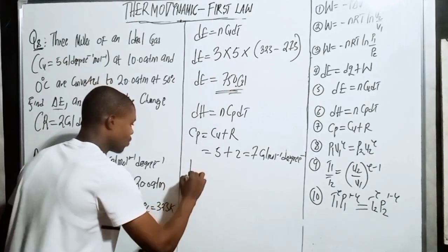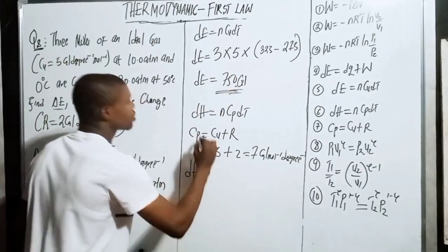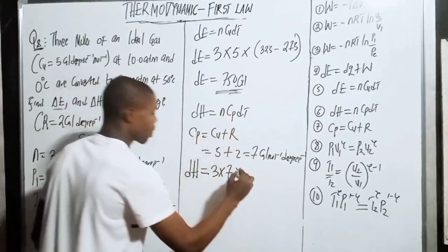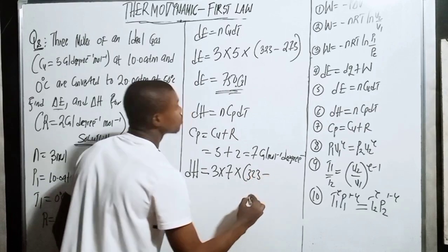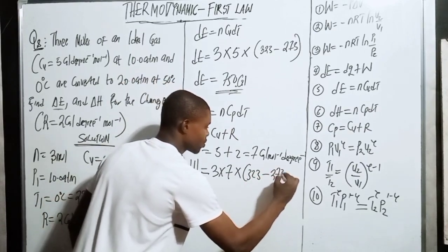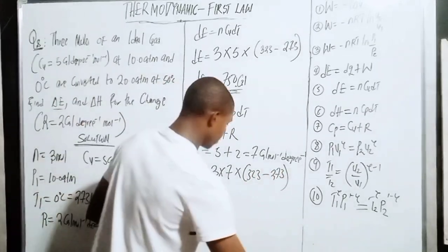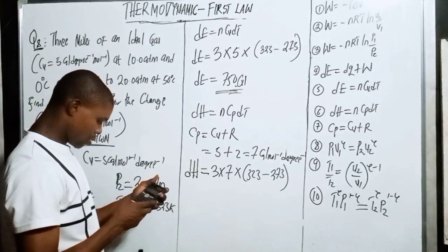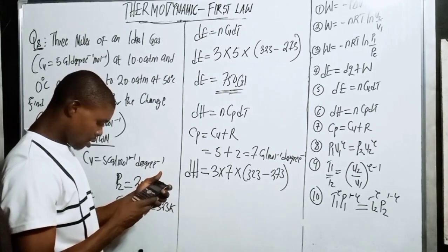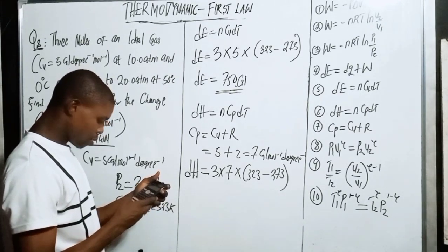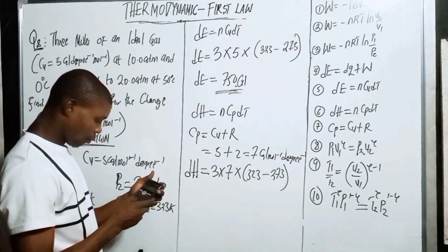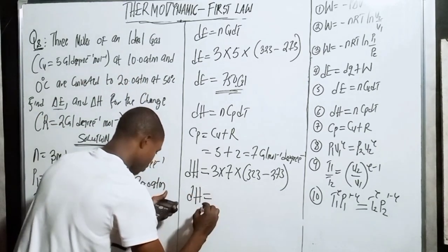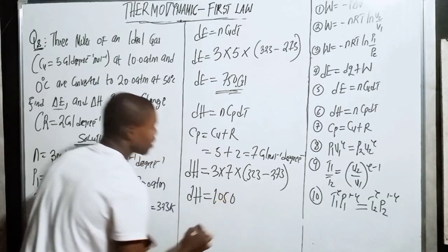So now delta H equals 3 times 7 times 323 minus 273, right? So our delta H is equal to 1050, right?